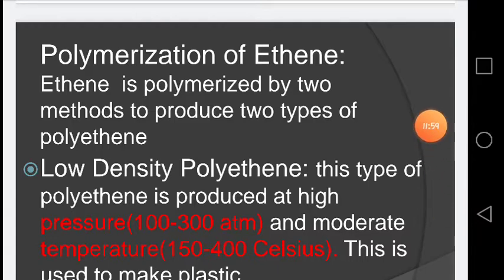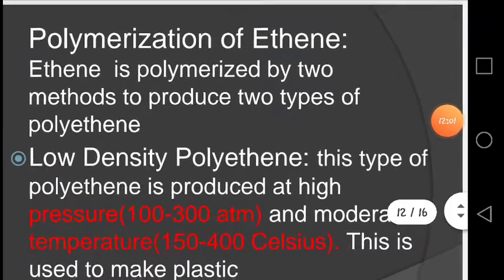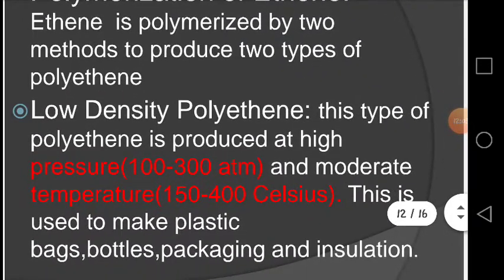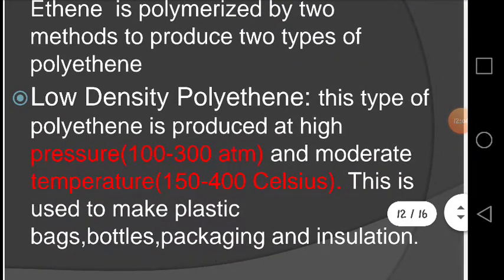This type of polyethylene is produced at high pressure, which is about 100 to 300 atmospheric pressure, and a moderate temperature of 150 to 400 degrees Celsius. This temperature and pressure is required to make low density polyethylene.